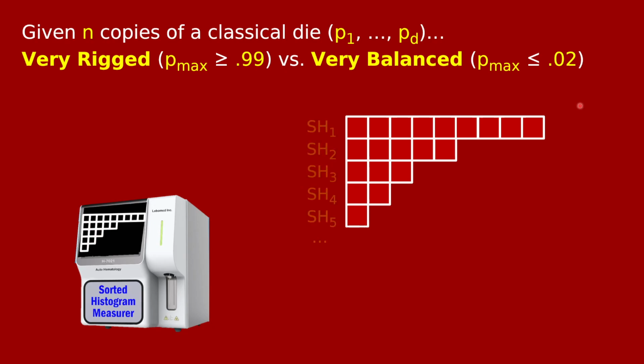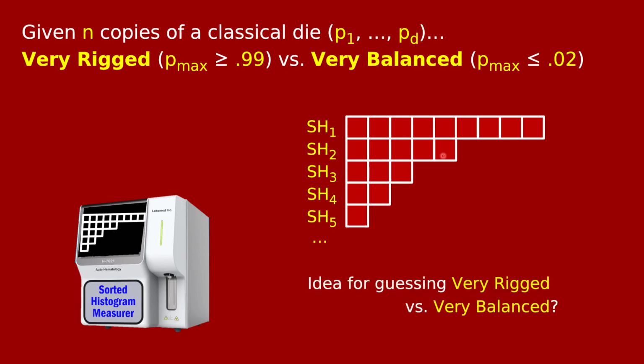And I guess if you saw this sorted histogram with these rows, lengths SH1, SH2, and SH3, we really only need to know this information, but what would remain is figuring out a good strategy for looking at these sorted histogram counts and trying to guess, was this the very rigged die or was this a very balanced die?